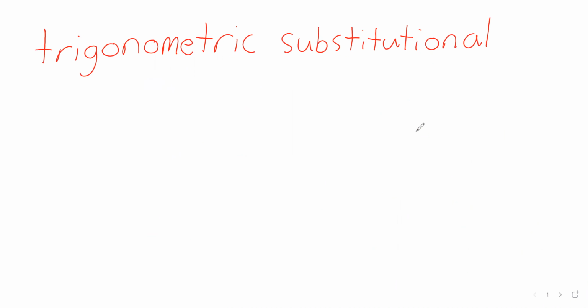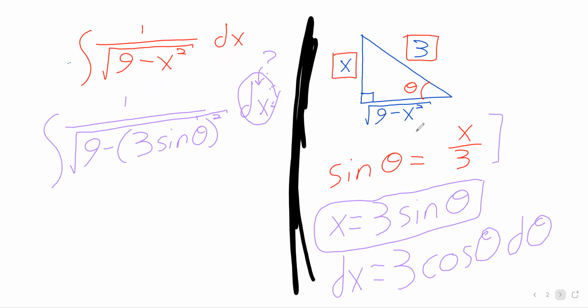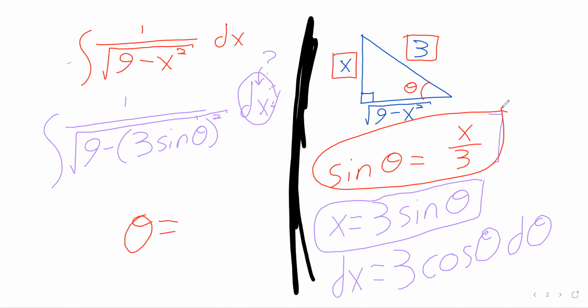What was theta again? Well, the sine of theta was x divided by 3. Notice that we don't have a formula for theta on the board. Nowhere on the board do we have what theta is equal to.